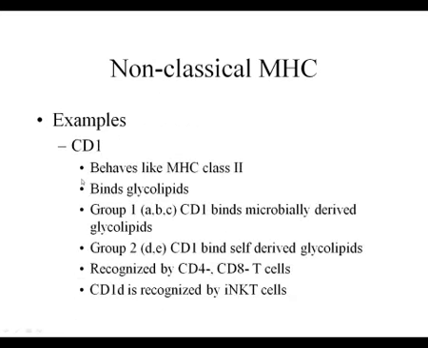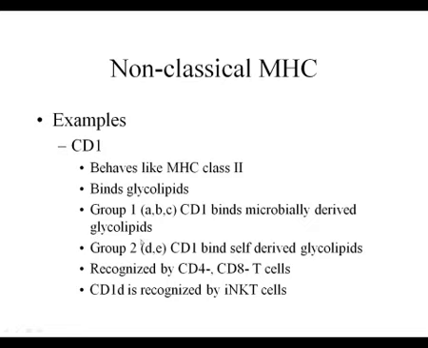And then there is CD1, which behaves very similar to MHC class 2. It does not bind protein, however; it binds glycolipids. There are two groups of CD1. Group 1 is CD1A, CD1B, CD1C, which bind microbially derived glycolipids.